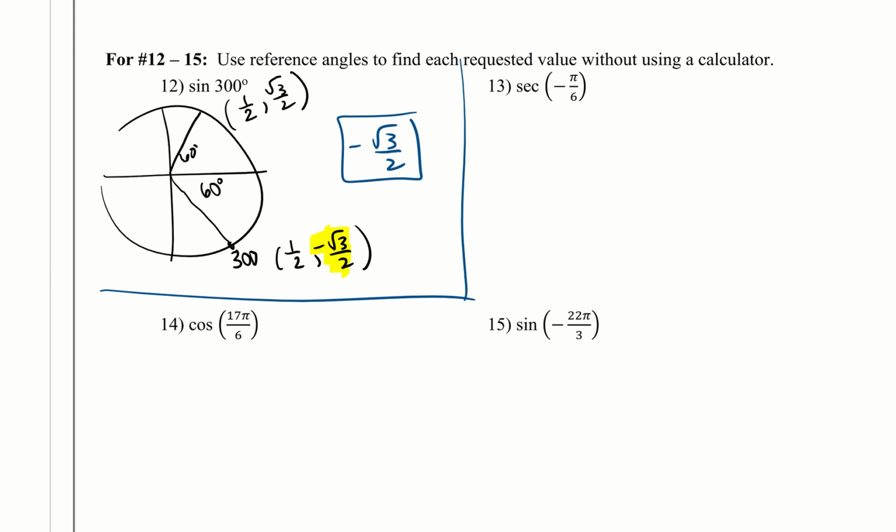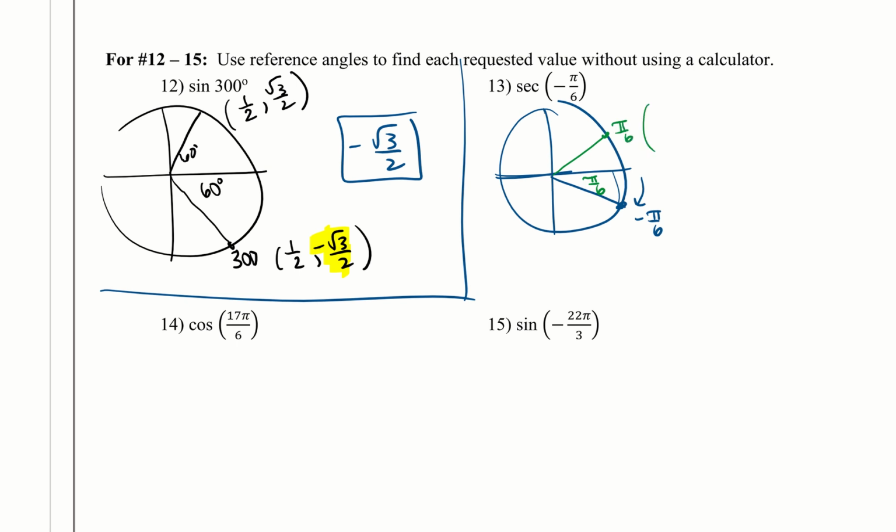So the secant of negative pi over 6. Well, negative pi over 6 means going pi over 6 this way, which means it's pi over 6 units away from the x-axis. So the reference angle is pi over 6.